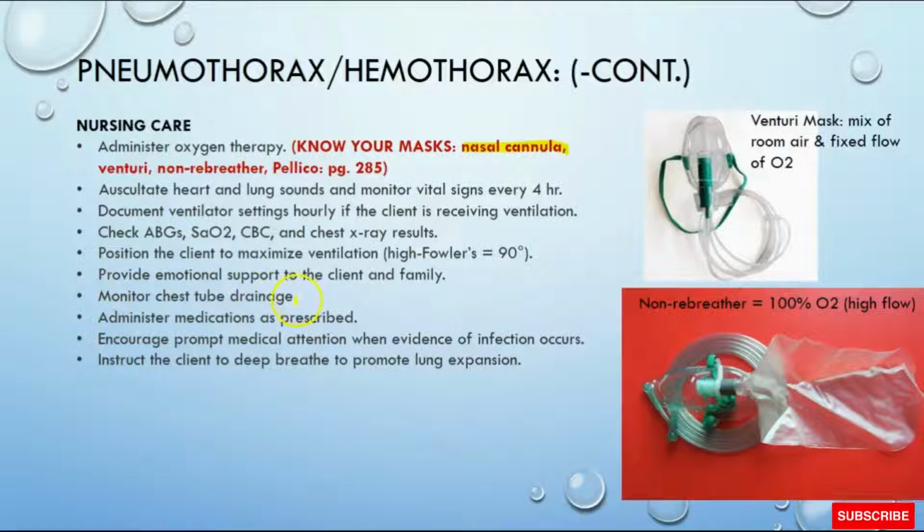Monitor chest tube drainage. Like I said, we'll go a little bit into chest tubes in a separate recording. Obviously encourage prompt medical attention if any infection does occur. And again, deep breathing to encourage full lung expansion.